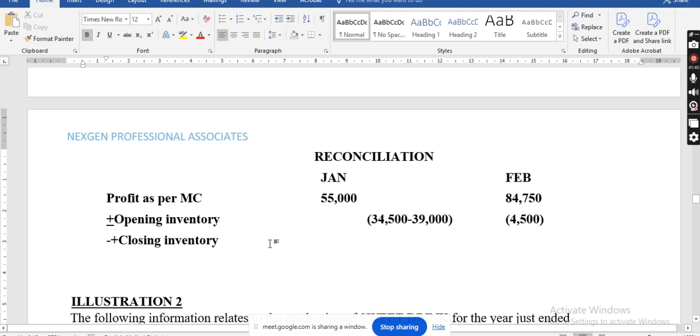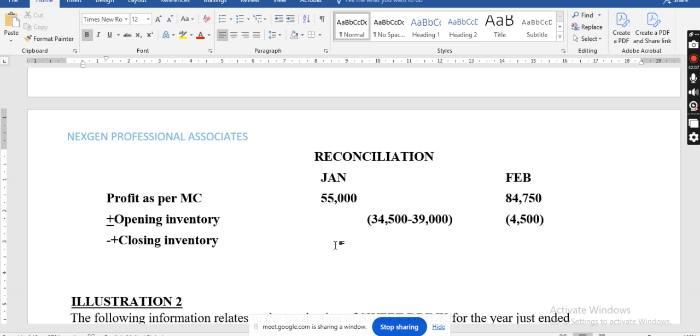Now, if the closing inventory of marginal costing is greater, what do you do to the difference? You subtract the difference. That is why I say it is minus, because you are starting with marginal costing.